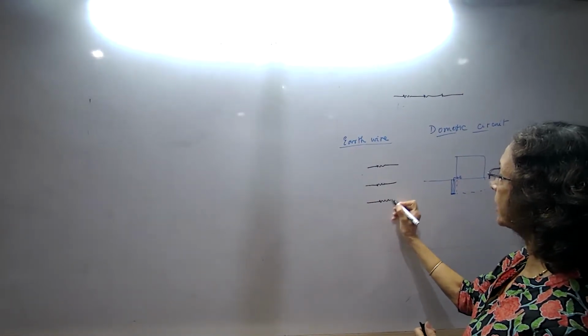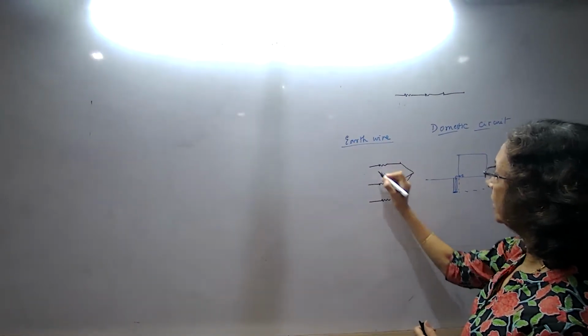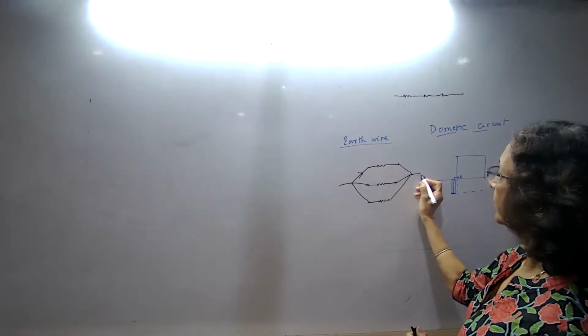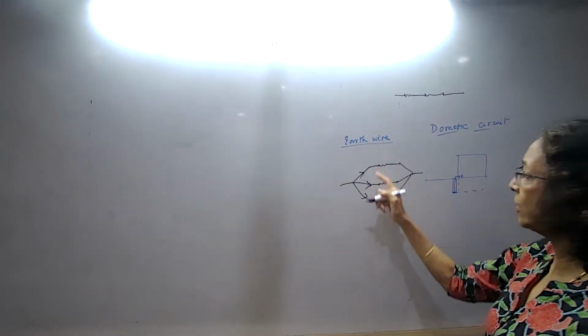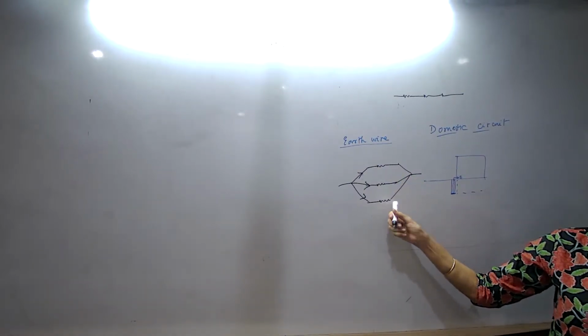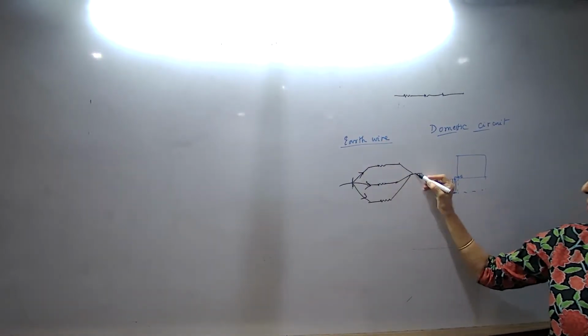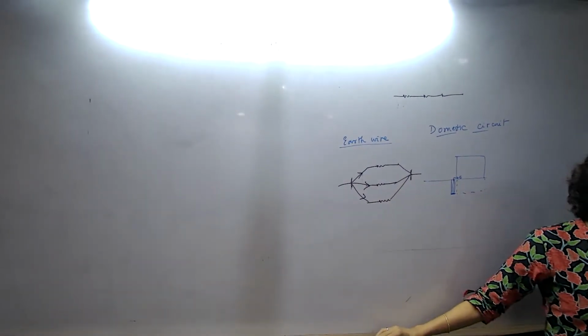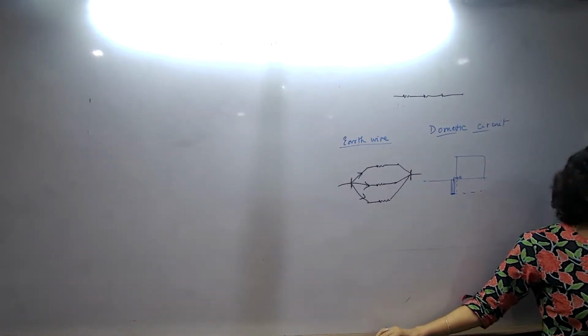This is a parallel connection, such that the current which is flowing through each one of them is different. Current here and current here will be different depending upon the resistor. But what is common here? Potential. Correct. So the potential difference is common for each one of the appliances.